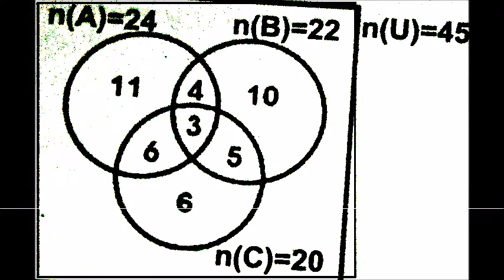So it says 6 plus 4 plus 5, which is equal to 15. 15 is the number of students who did 2 subjects only. Now note that when solving problems, information given on one particular region may involve other regions, as in the current example.